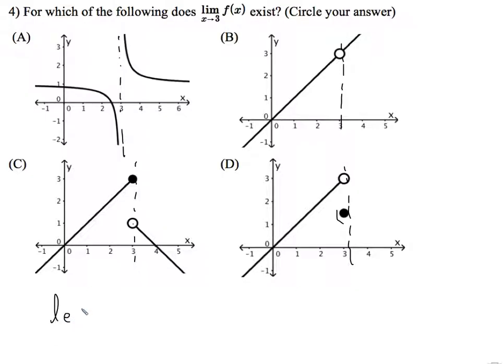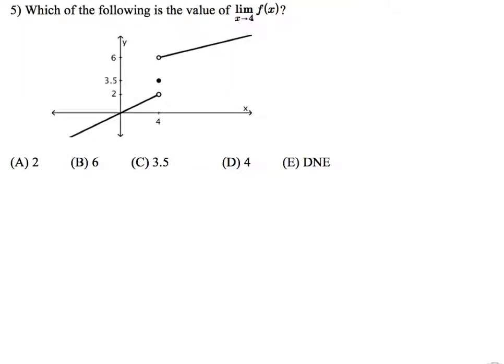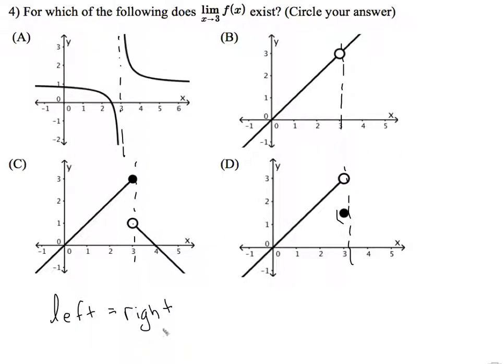Okay, I apologize. Left needs to be equal to right. I was looking for a different rule there. I was thinking left equals right equals point, but that is only the case when you are finding a k to prove continuity. Continuity always needs all 3 of them. Left equals right equals point. But if I'm just asking for a double-sided limit, I just need 2. Left equals right.